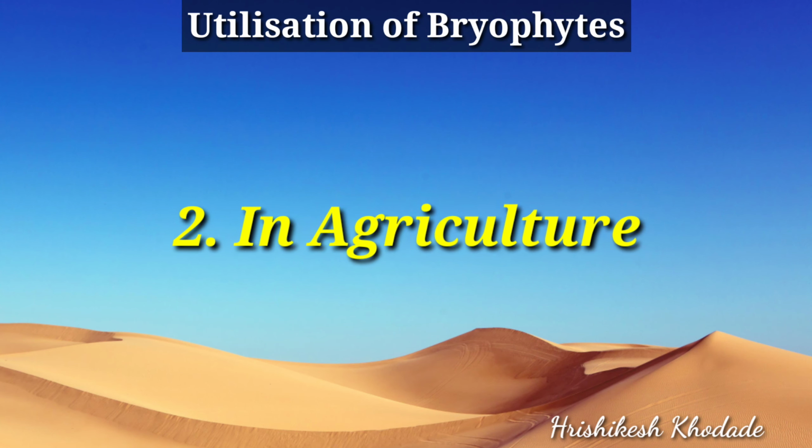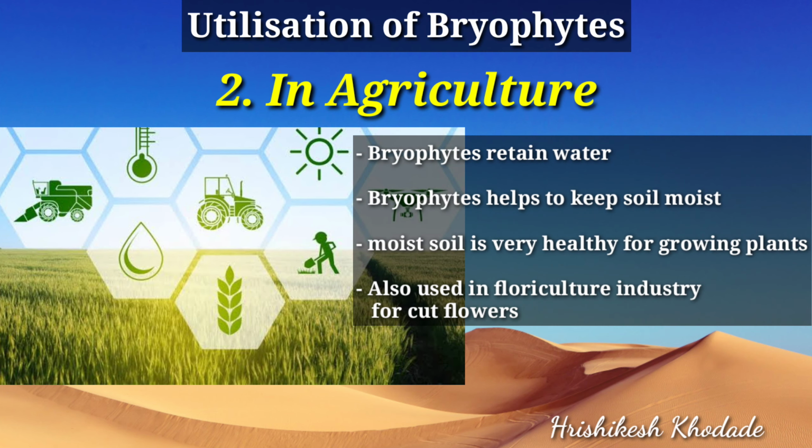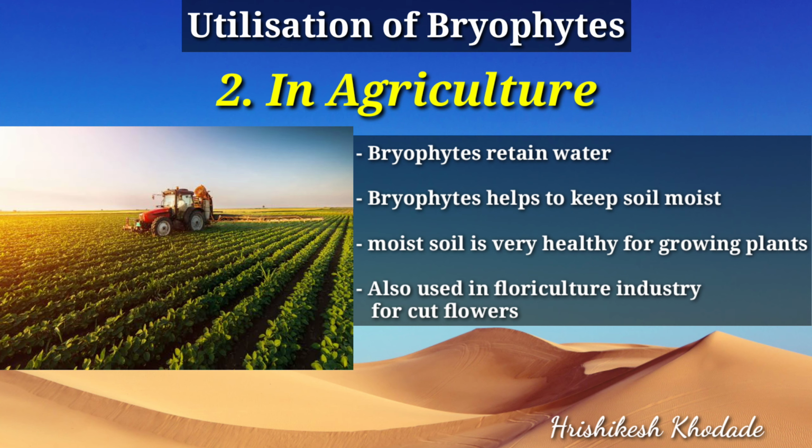Next application is the utilization of bryophyte from an agriculture point of view. As we know, bryophytes grow near water. They have a tendency to retain water within them. So the use of bryophyte in agriculture is to maintain the soil in moist condition, which automatically helps retain good water quality in the soil, which will affect agriculture positively.